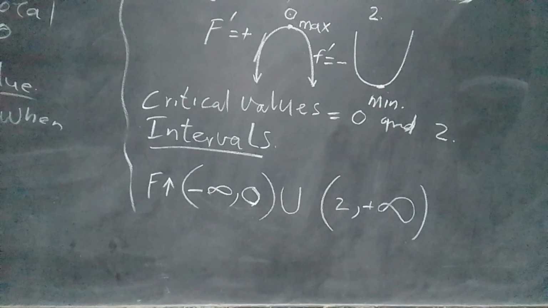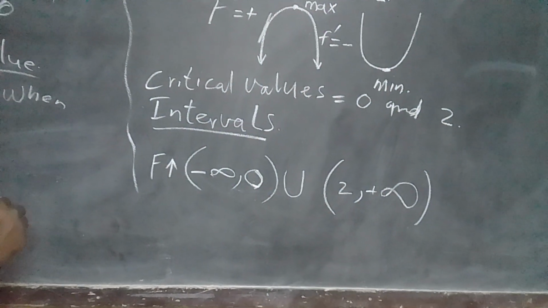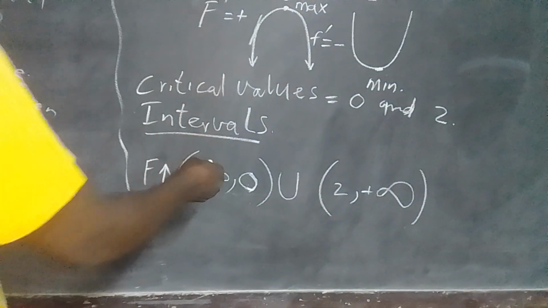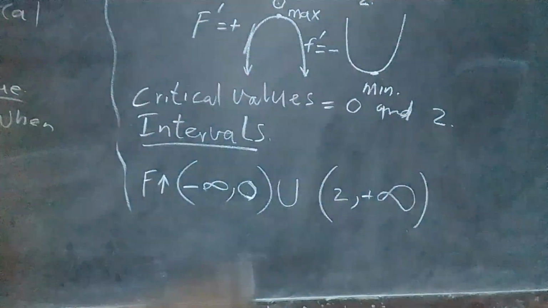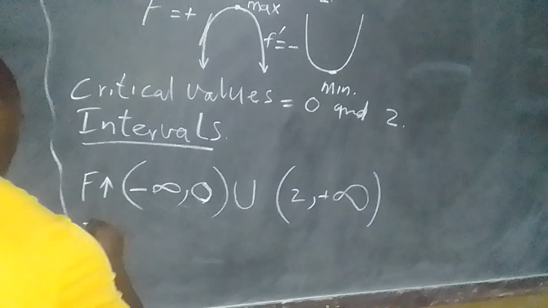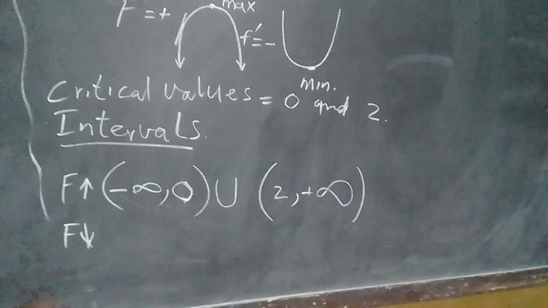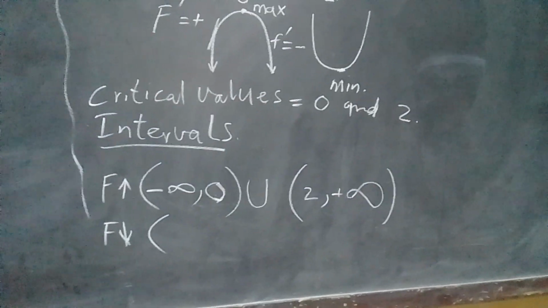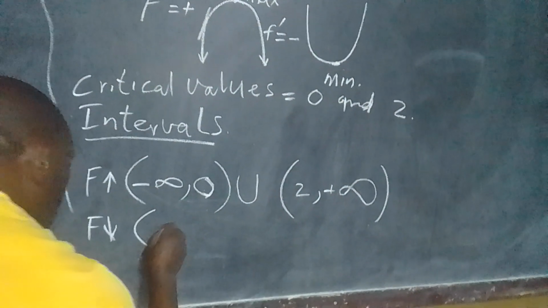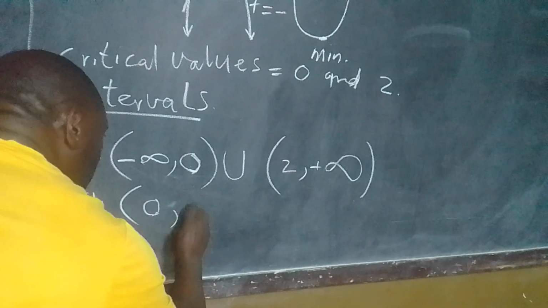If we specify it, we mean that 0 is exclusive, 2 is exclusive in this interval, because when you include this and that, everything falls apart. For the function decreasing, the interval is between 0 and 2.